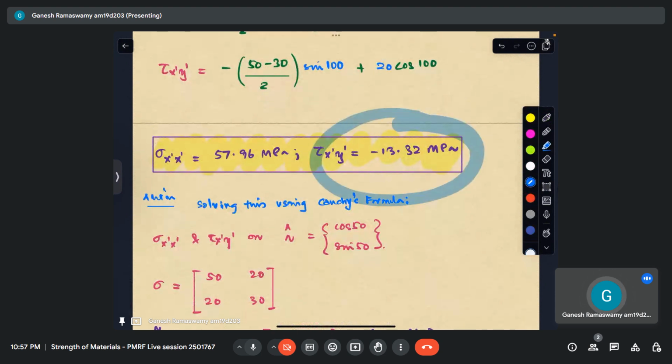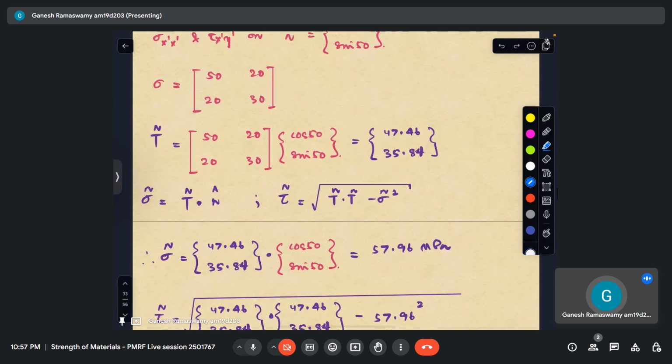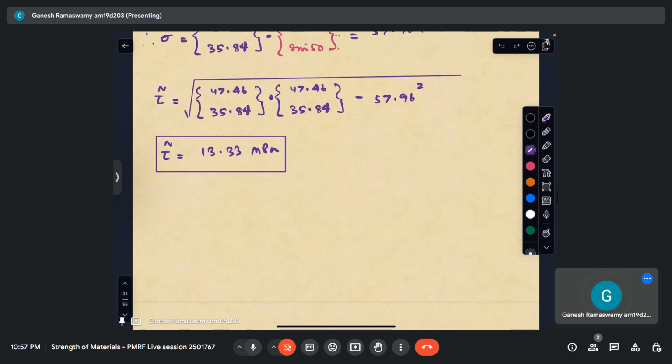We got minus 13.32. So this is one of the drawbacks in using the Cauchy's formula, because since we are taking the square root, even the negative shear stress or positive shear stress both will square up to the same quantity. So hence the sign of the stress is lost. We don't have that information if we were to solve it using the Cauchy's formula.